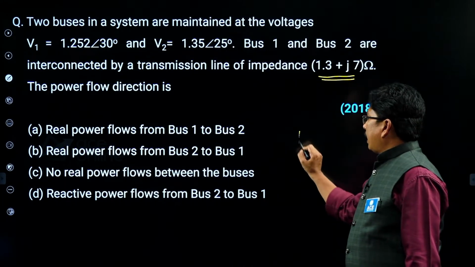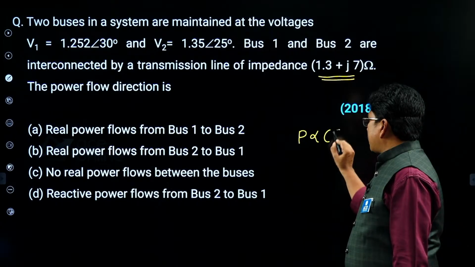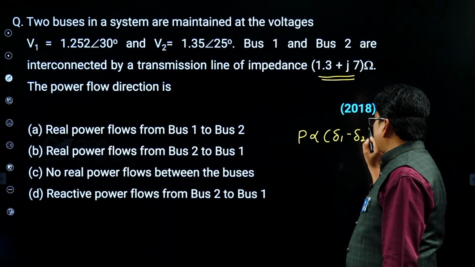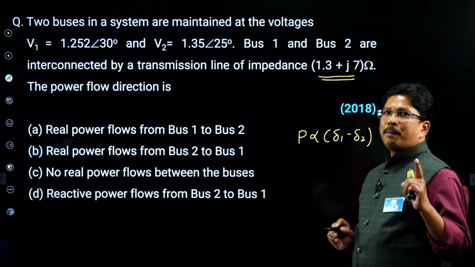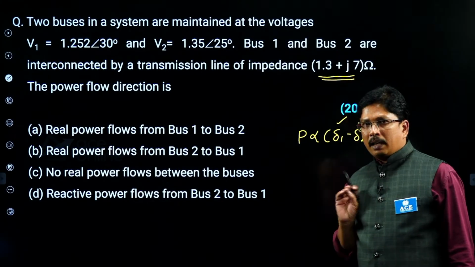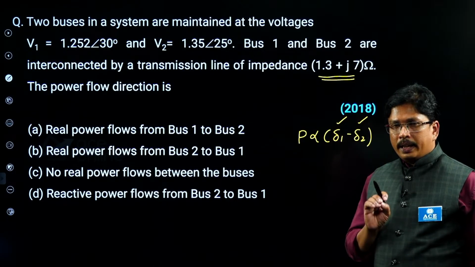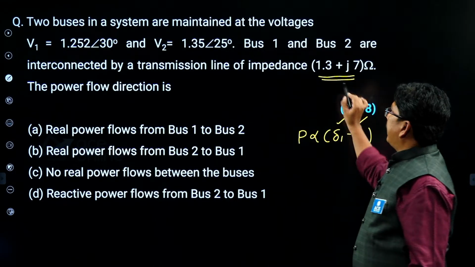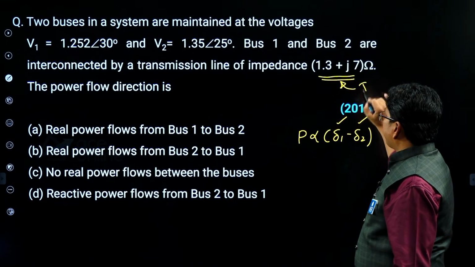Students, the active power is always proportional to delta 1 minus delta 2. Active power always flows from high delta to low delta, but ensure that the network is inductive.